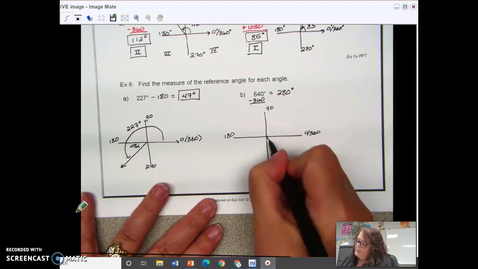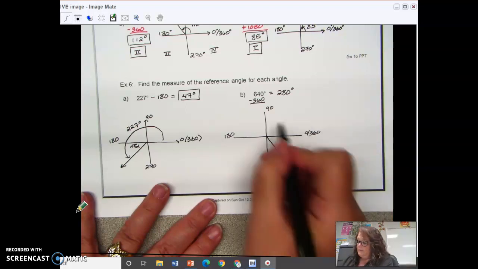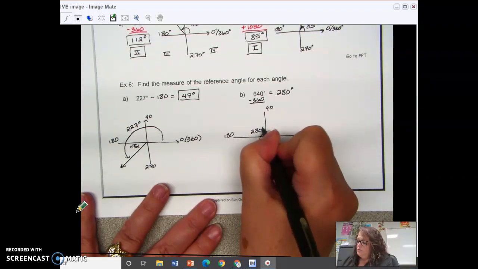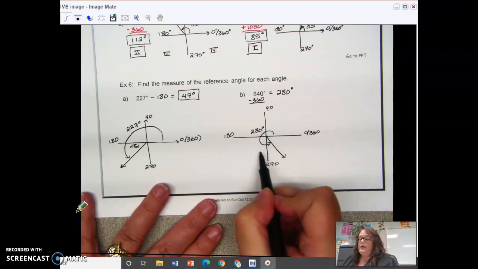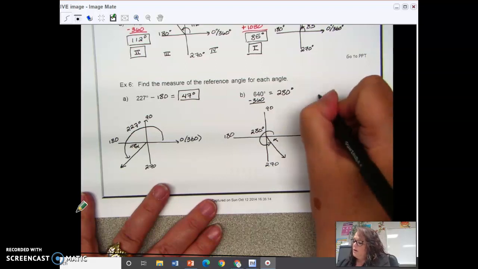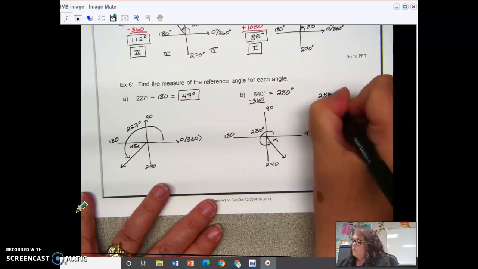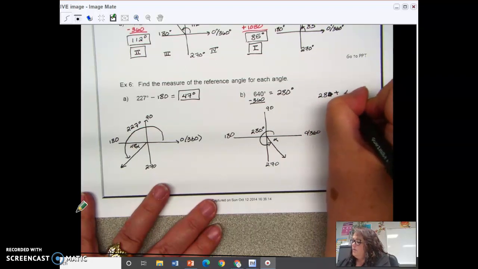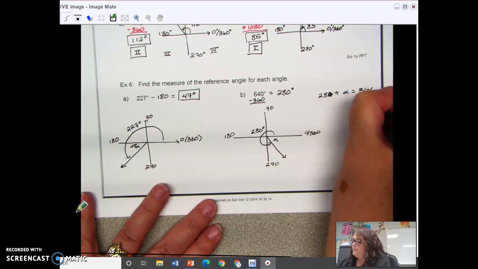So 280 is somewhere in this 4th quadrant here. This whole distance around is 280. And notice if I go all the way to 360, that's 280 plus this angle measure.